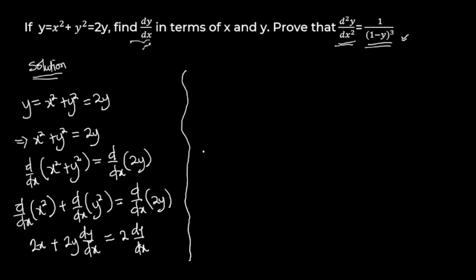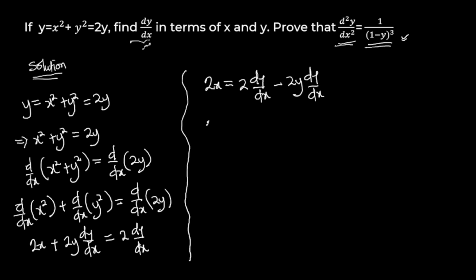For me to avoid negatives, I will maintain the 2x over here. So I have 2x equal to 2 dy/dx. Then I bring the other statement to the other side of the equal sign, and it now carries a negative sign. So I have minus 2y dy/dx.